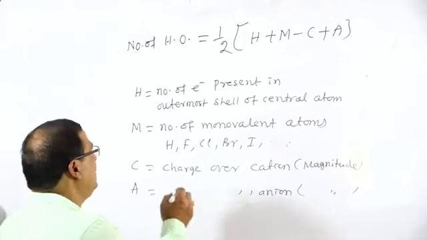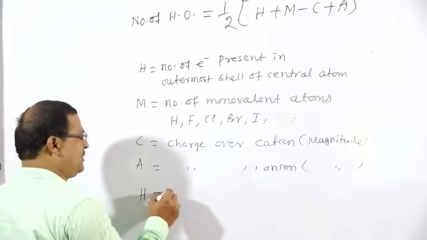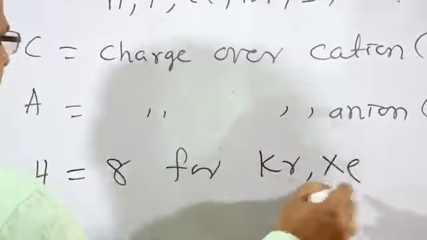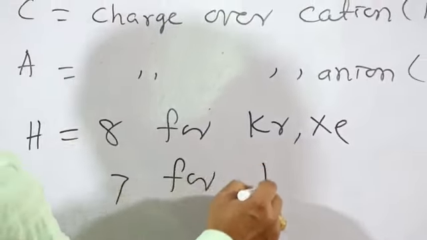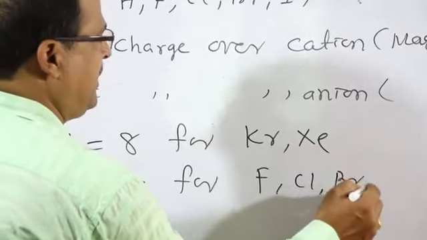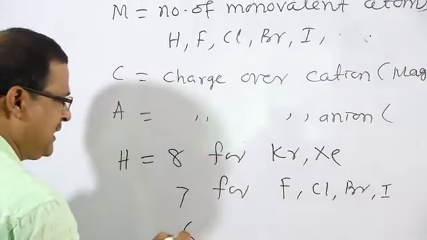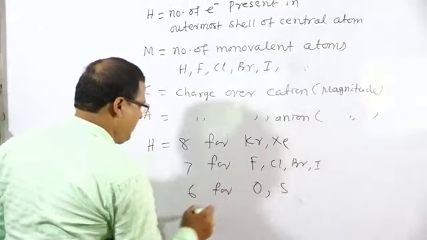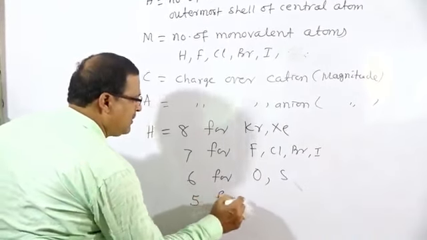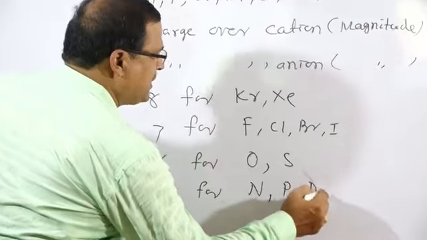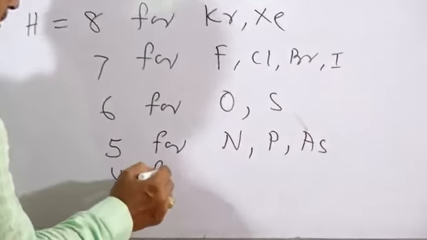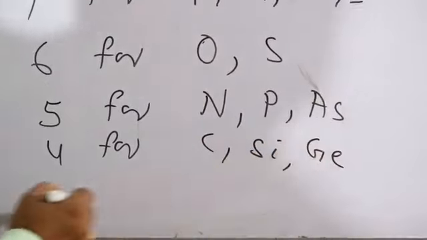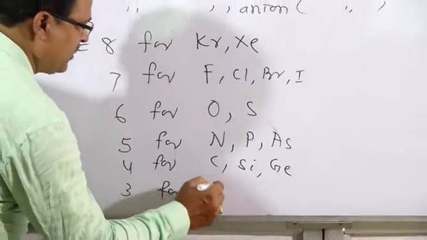For example, H is equal to 8 for krypton and xenon, 7 for F, Cl, Br, I, 6 for oxygen, sulfur, etc., 5 for nitrogen, phosphorus, arsenic, 4 for carbon, silicon, germanium, 3 for boron, aluminum.